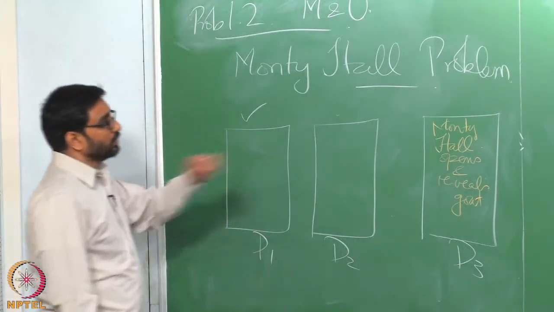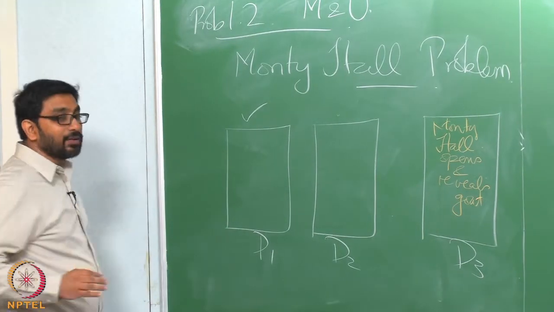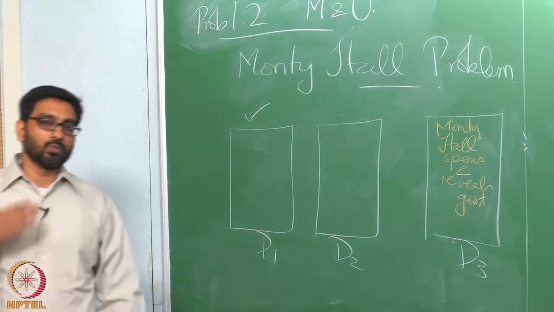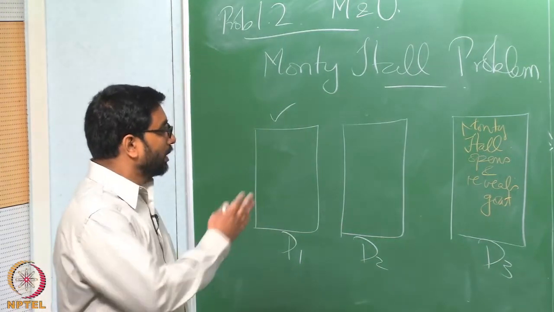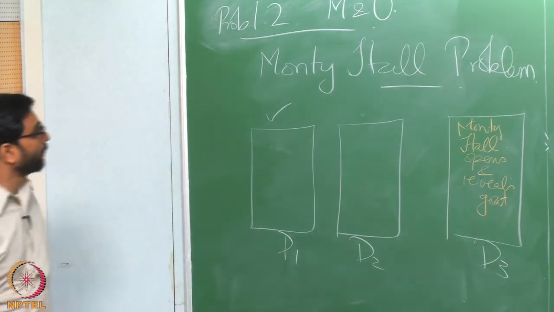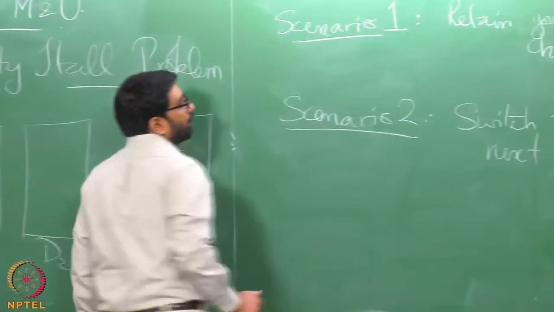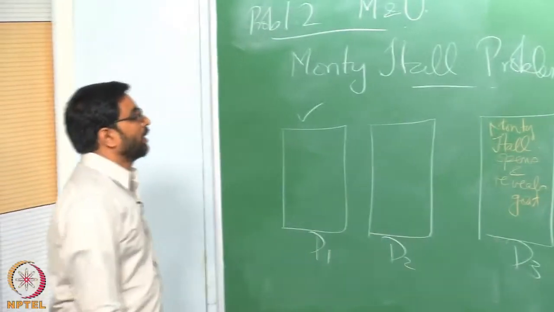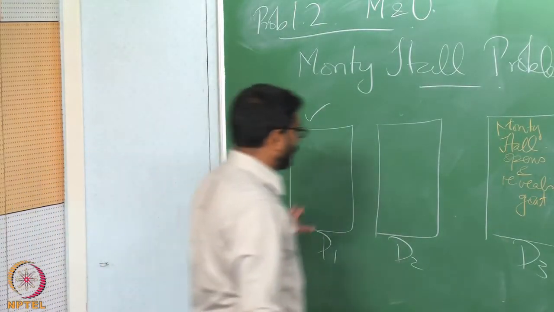Now we have to analyze these 2 scenarios and figure out the probability of getting a car in either of them. What is the probability of getting a car under scenario 1?